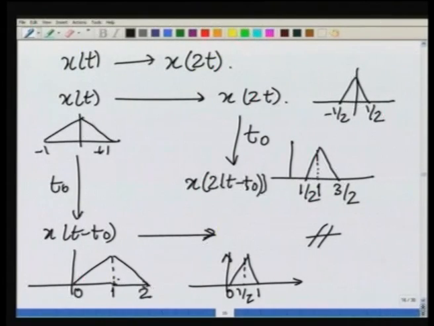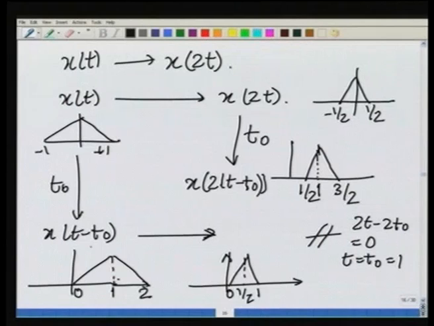So, the peak should occur at 2t minus 2 t naught equal to 0, that is where the argument of x is 0, and that means the peak should occur at t equal to t naught, which is equal to 1. That is what is happening over here. We can see that the peak is indeed occurring at 1.